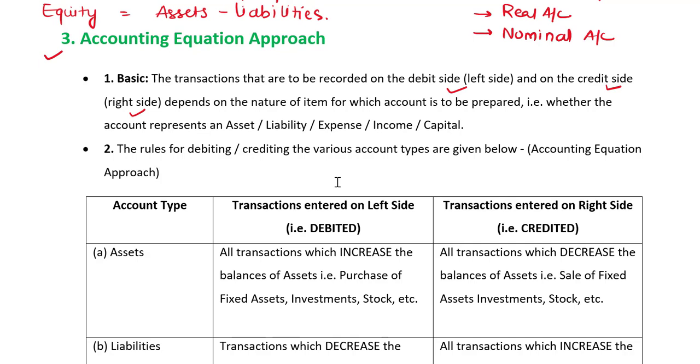We will record assets, liabilities, expenses, incomes, and capital, that is equity. Students, over here I must tell you that supposing during the year the company had made a profit. That means profit is to be added to capital.